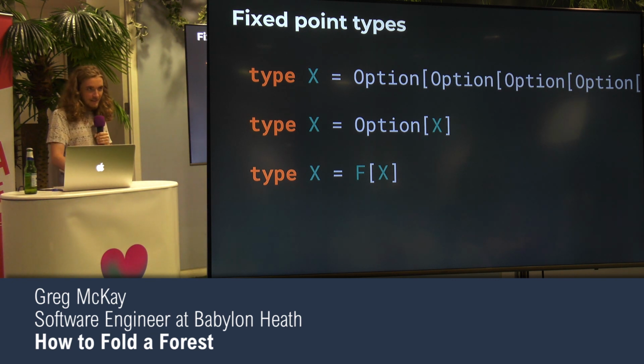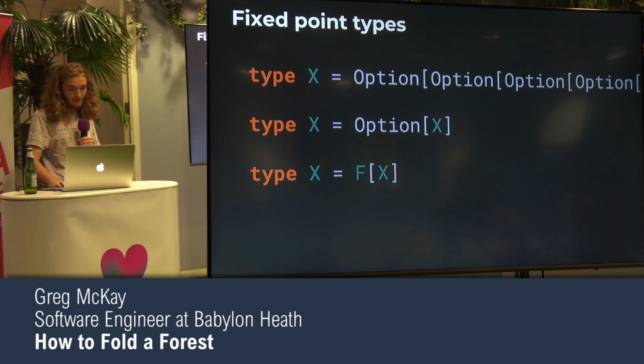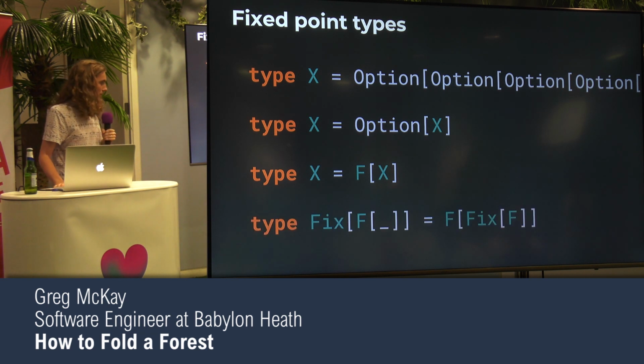And even that is not really satisfactory because this f has to be defined outside. So what we can do is define this Fix thing, which takes a type constructor f and gives you this same recursive definition.